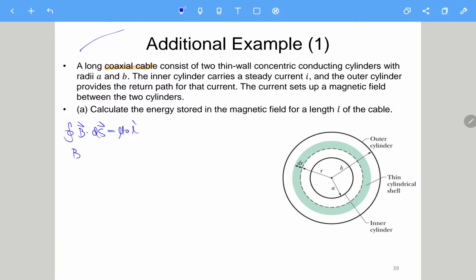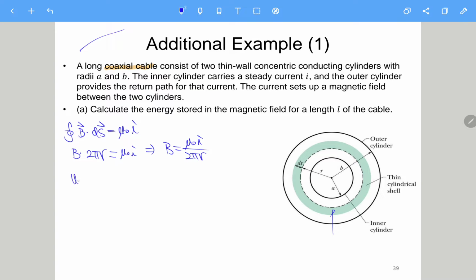We should have B times 2 pi R, as we discussed before. B is constant, so B times the circumference of the Ampere loop on the left side, and on the right side it is mu 0 I. So we get B equals mu 0 I over 2 pi R. And of course, this R is between the inner and outer cylinder.